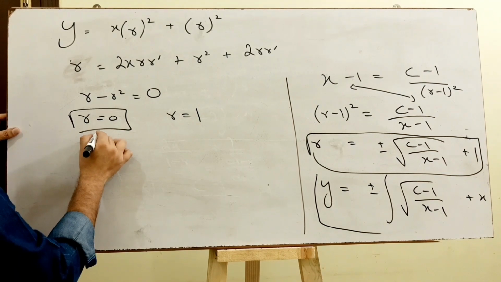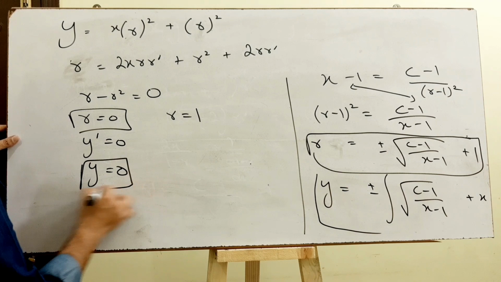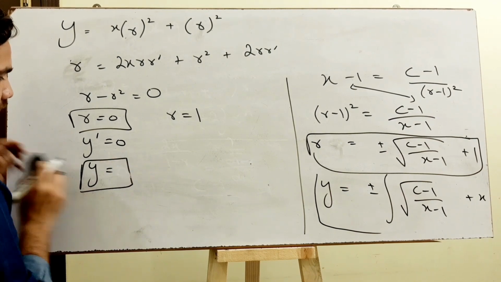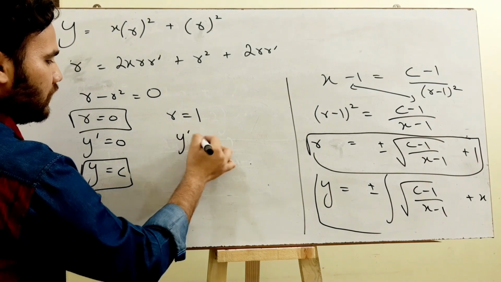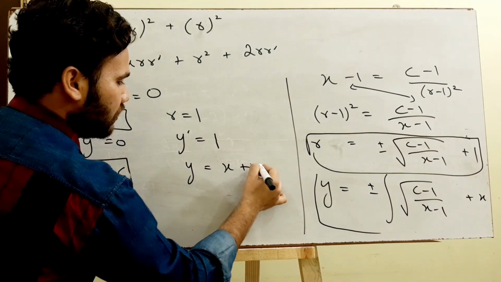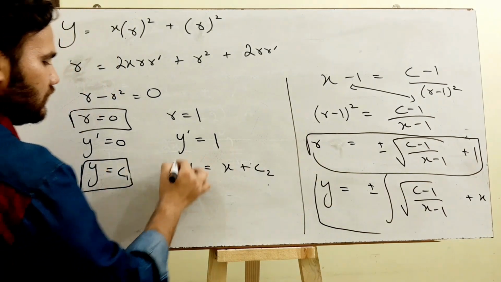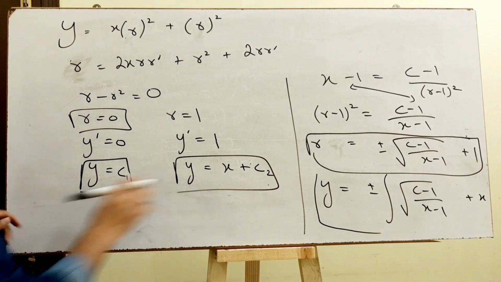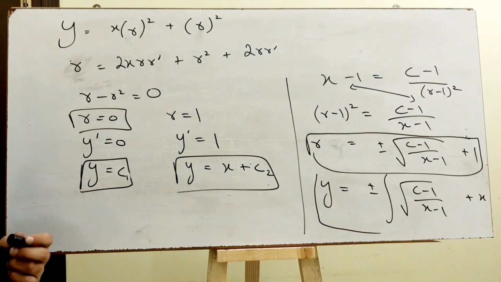Here if y prime equals 0, then y equals some constant c1, and here y prime equals 1, then y equals x plus c2. These are two singular solutions, and this is the general solution of the Lagrange differential equation.